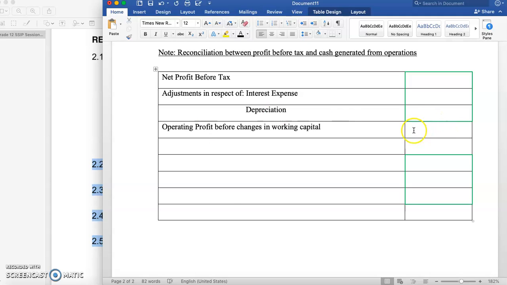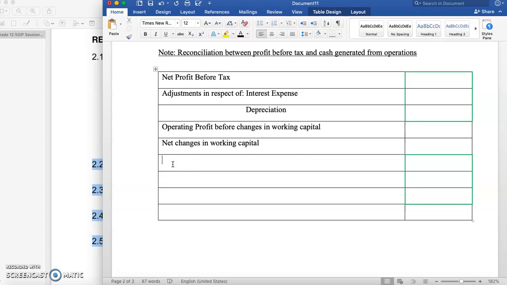Okay, so this amount here is going to be a total of these three. But this amount below that, net changes in working capital, this one will be the total of 1, 2, and 3. Okay, that's why I drew little green boxes around them.